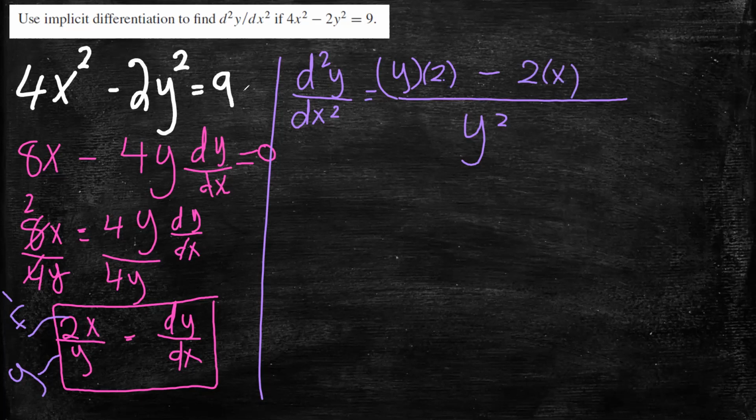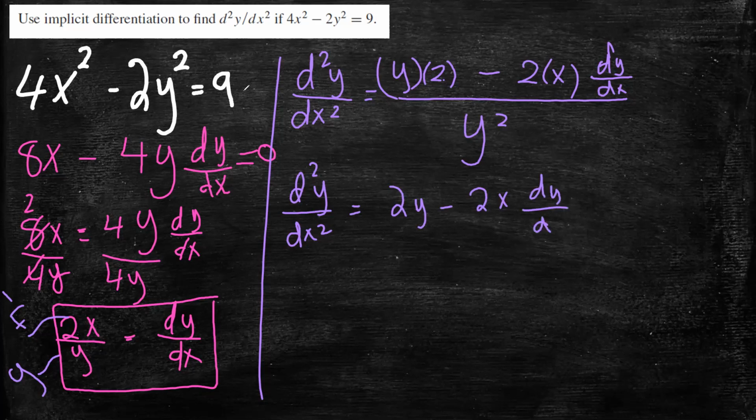What is the derivative of y? 1 times what? Times dy over dx. Now we have then 2y minus 2x dy over dx over y squared.